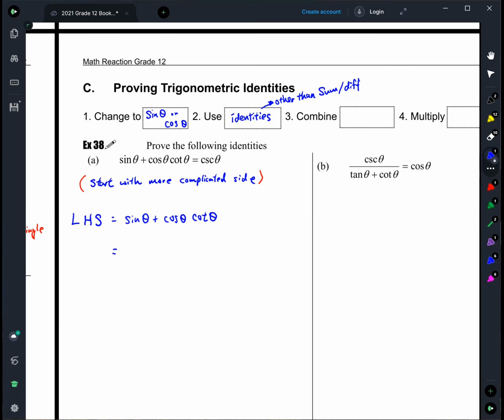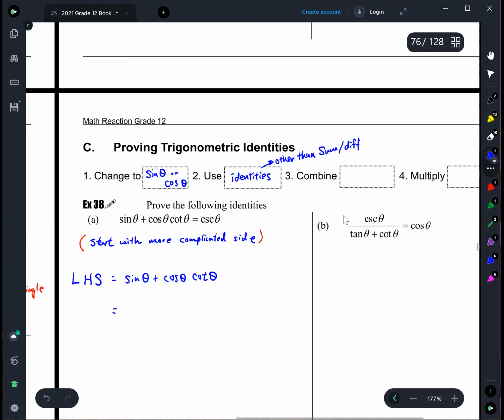Let me ask someone else. Okay, Angela, what do you think? Is there an identity that can change cotangent to either sine or cosine? Wait, sorry, what was the question? We have cotangent here, right?